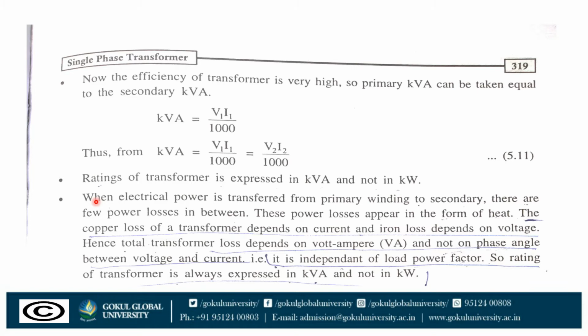So total transformer loss depends on volt and ampere, not on the phase angle between voltage and current, because it is independent of load power factor. So the rating of a transformer is always expressed in kVA, not in kilowatt.